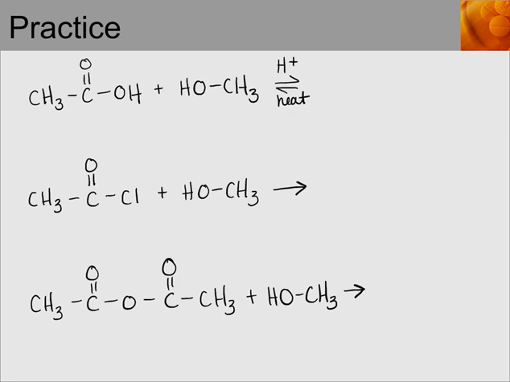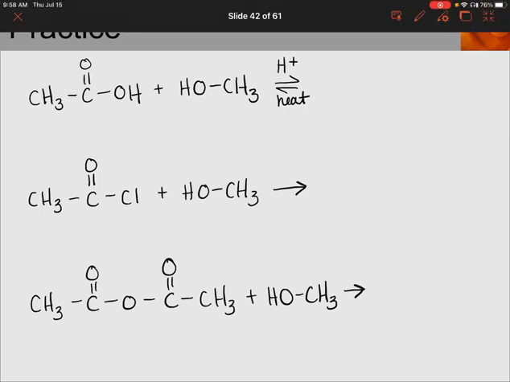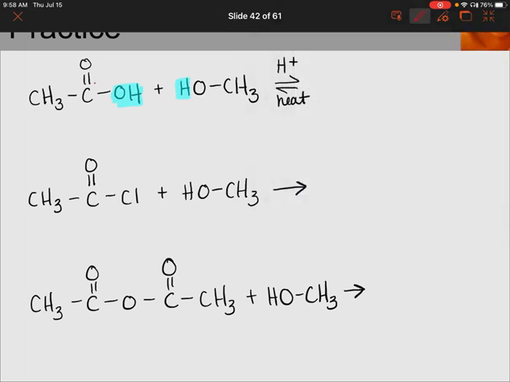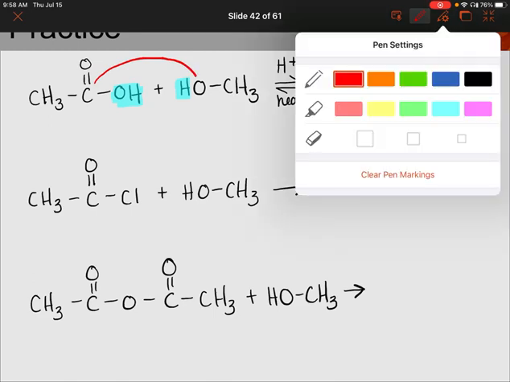Okay, let's start with the first one. Again, in these esterification reactions, the OH group from the carboxylic acid is going to team up with the hydrogen from the alcohol. And then we're going to form an ester linkage between the carbonyl carbon and the oxygen on the alcohol.